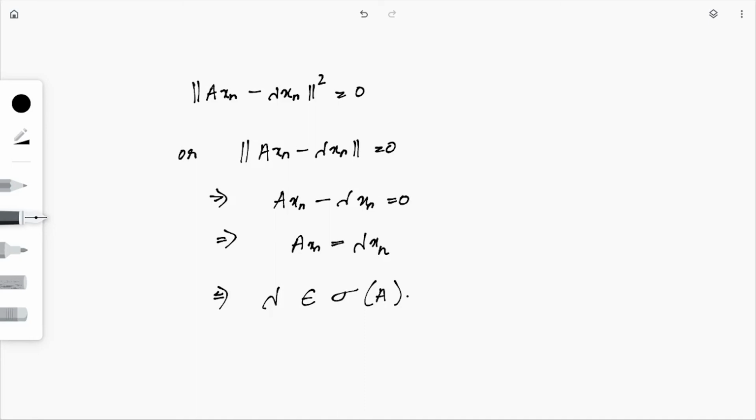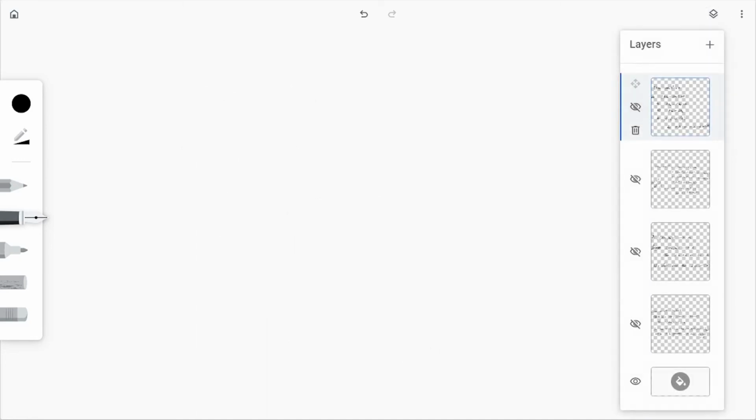So if lambda is an element of sigma of A, I can say that either plus mu or minus mu is an element of the spectrum of A. So that was the proof of this theorem.